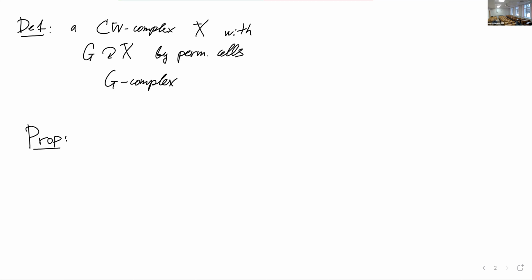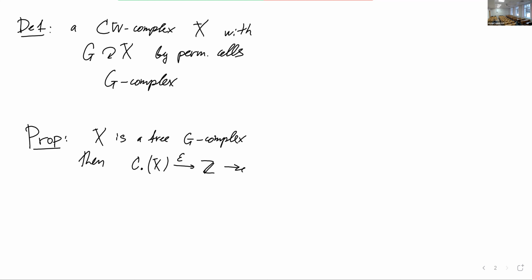Right. So I want to say that if X is a free G complex, that is the action is free, then the augmented chain complex of X is a projective resolution of Z over the group ring ZG.